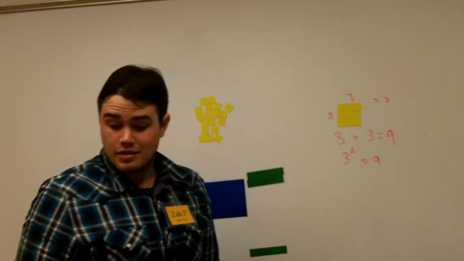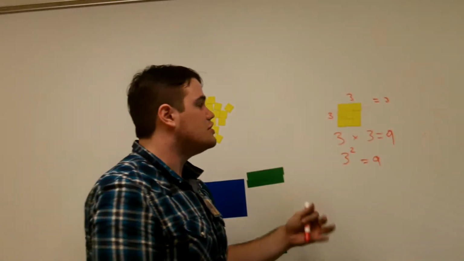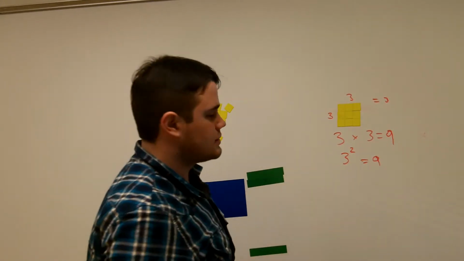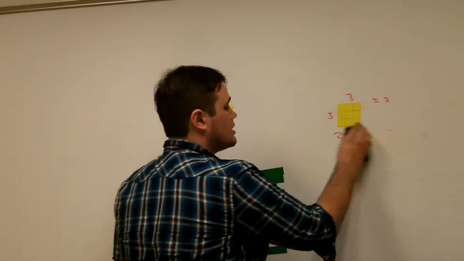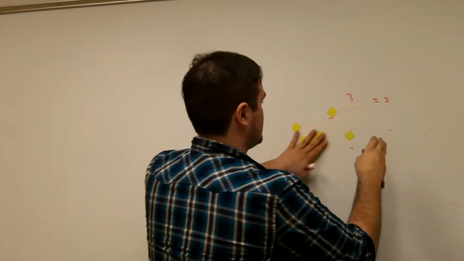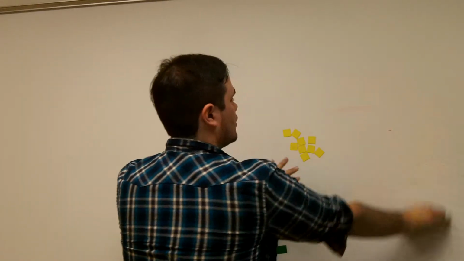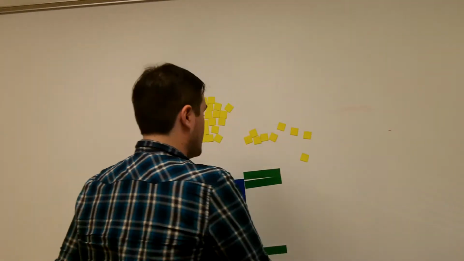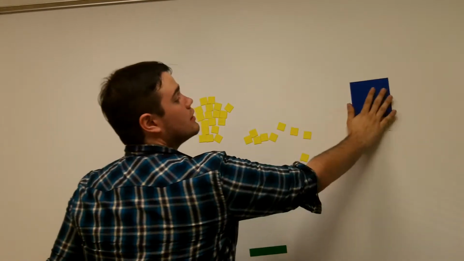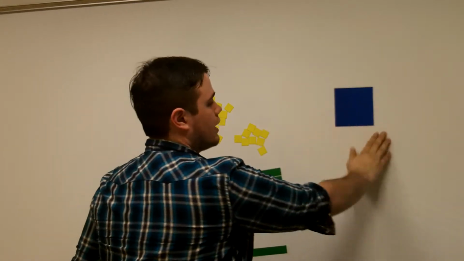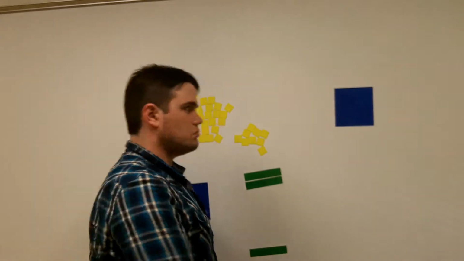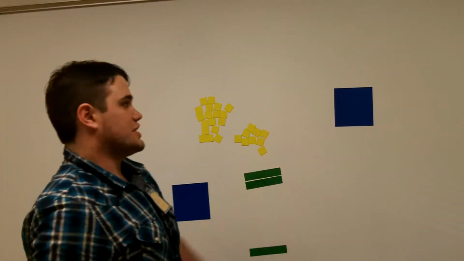Well, now let's say that just like before, where I had an unknown length of units, I have an unknown square of units. So here is our unknown square of units. Again, I don't know how many units are in that square.